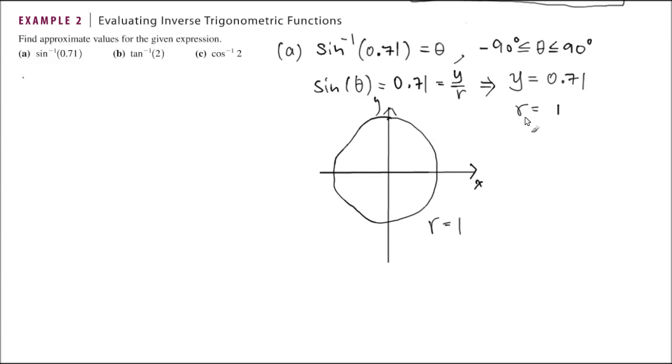So the y coordinate is 0.71, right? So this is 0.5, agree? This is roughly 0.75. So I think it's somewhere down here. Would you agree that that's roughly where 0.71 is? And then the angle is going to be in the first quadrant or fourth quadrant. It must be over here. That angle right there.